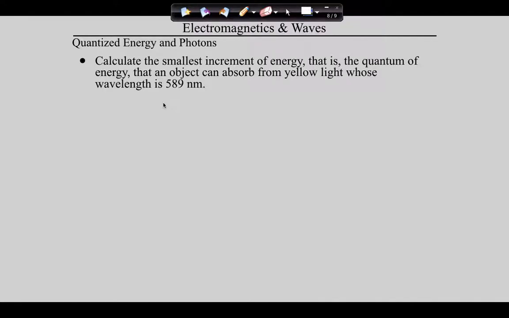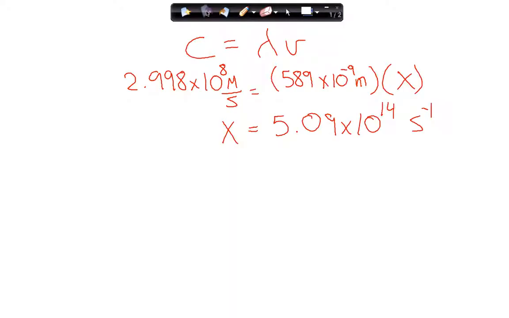So guys, let's figure out the amount of energy that this yellow light is giving off. Hey, there's our yellow light. We already know the frequency. We were given the wavelength and we figured out the frequency of the light. What can we do to now turn this into an amount of energy?